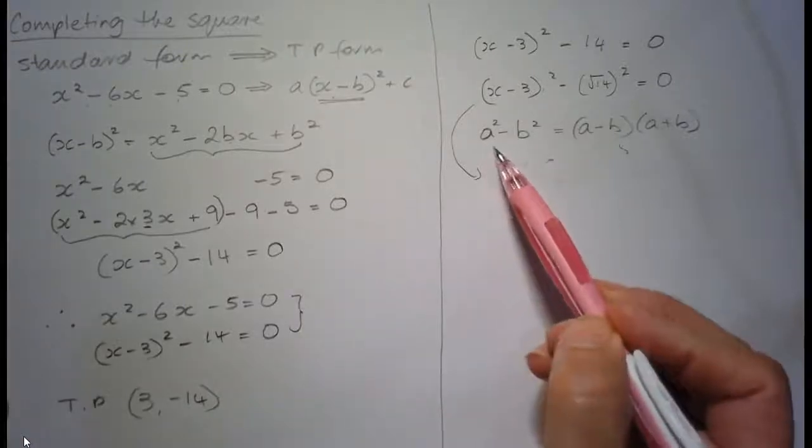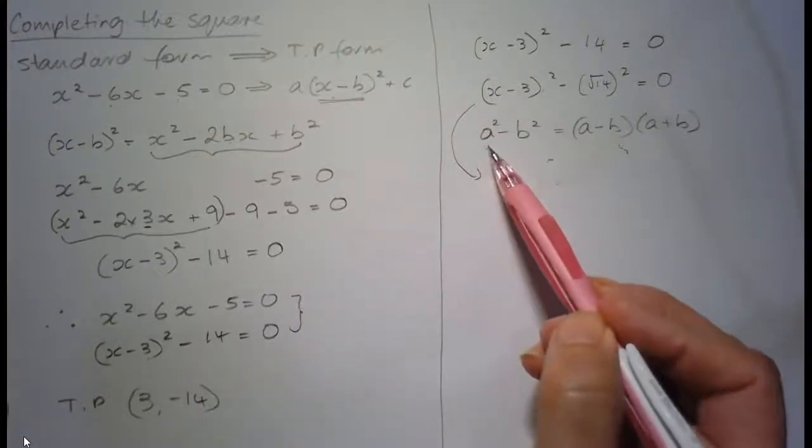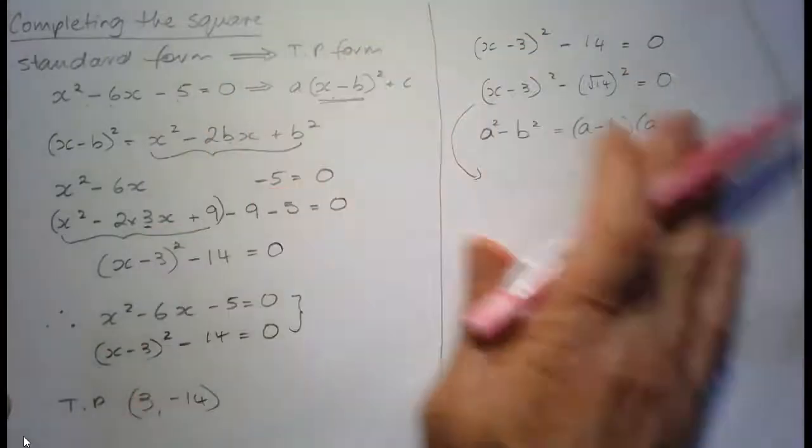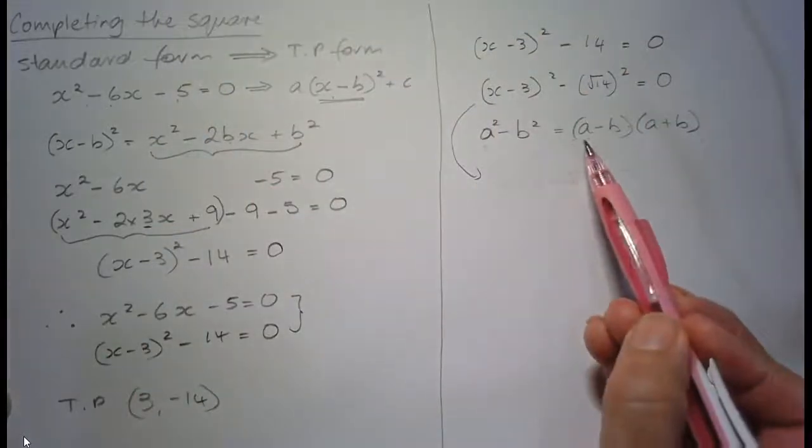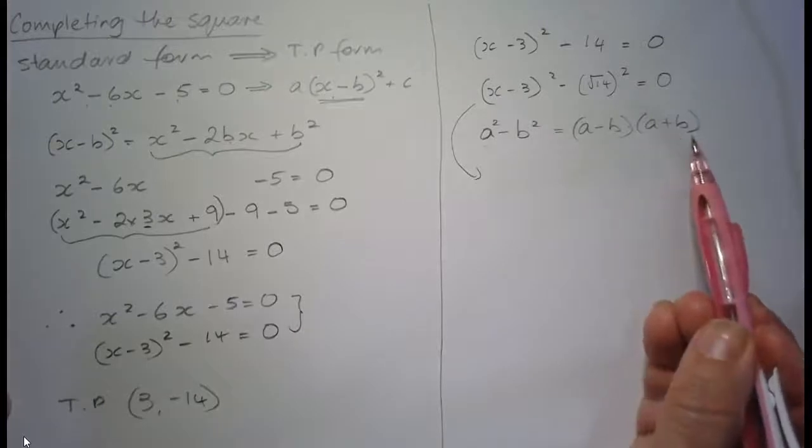So knowing my difference of two squares, a squared minus b squared is going to be written as (a - b) times (a + b).